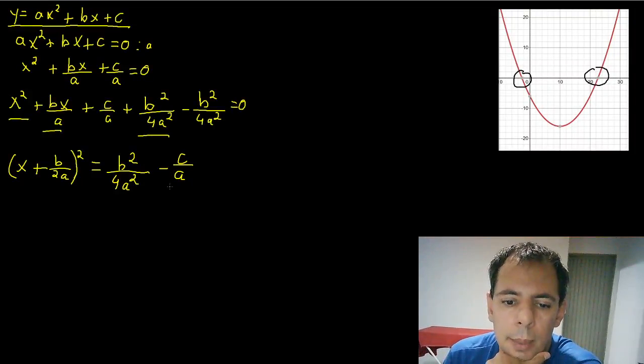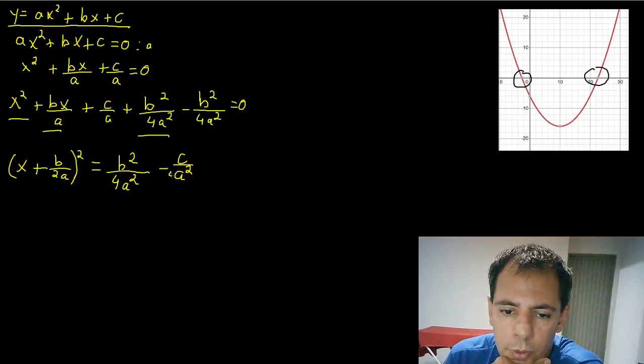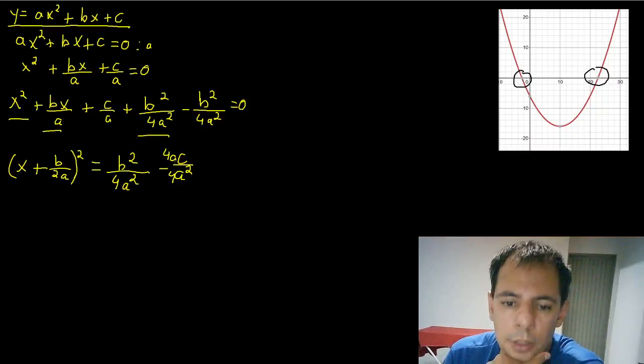How do I do that? I have to make the denominators equal. You have an a here, and I want to transform it into a 4a squared. So I just multiply it by 4a. I'm going to put a squared here, and a 4 here, okay? And since I did it to the denominator, I have to do it to the numerator. So you have a 4a in here.